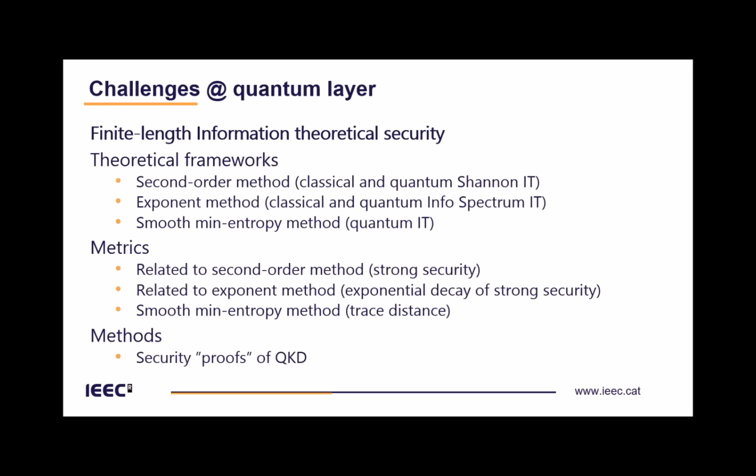Then we have the exponent method, both for classical and quantum information spectrum information theory, which is not the same as Shannon theory. And then the smooth min-entropy method, which has been invented for QKD, and this is quantum information theory. So at least there are these three theoretical frameworks.